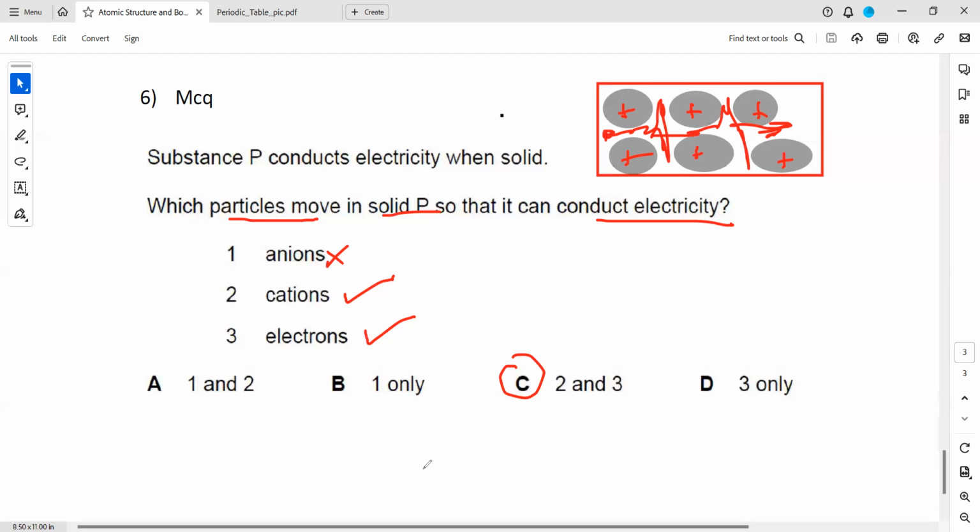Vibration is both, because if you studied the topic of heat, conduction is by vibration of the lattice and by movement of electrons as well. So vibration of the lattice is also responsible for transfer of electricity in metals.